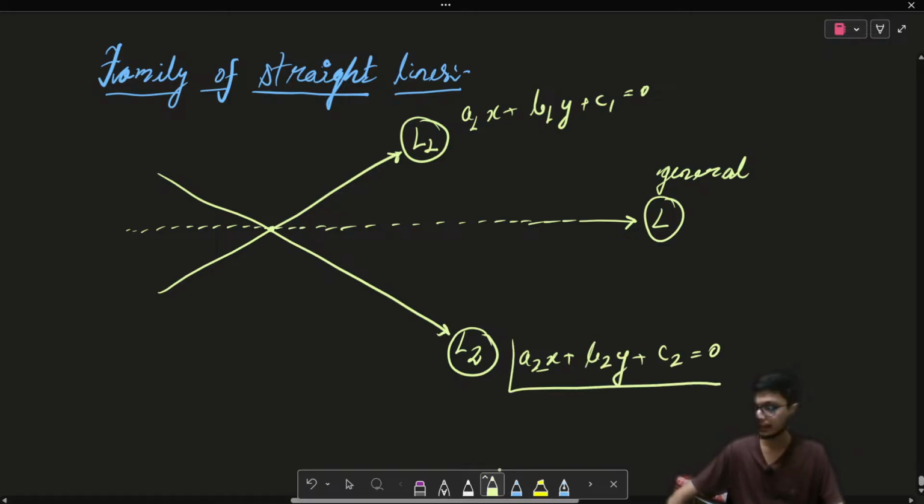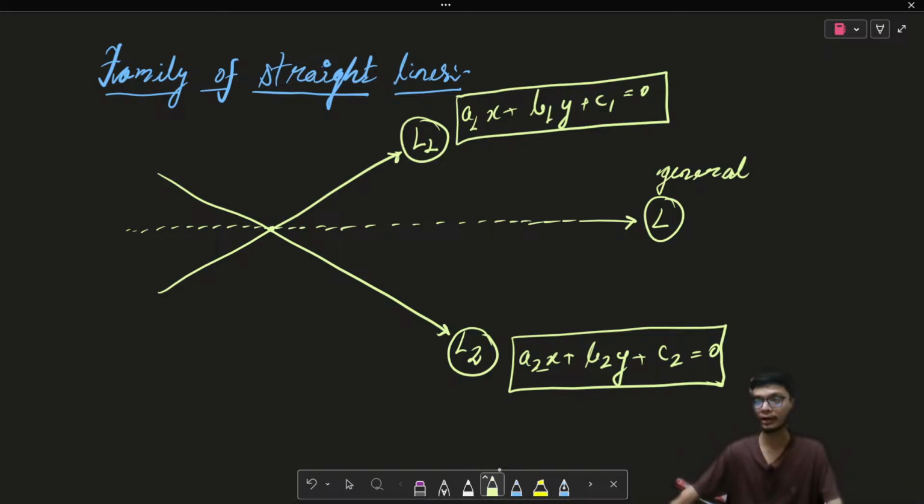These are the equations of the lines which I know. If I want to find the general equation of this line L such that it is passing through the point of intersection, let us call this point P, the only common thing is that it passes through this point of intersection.